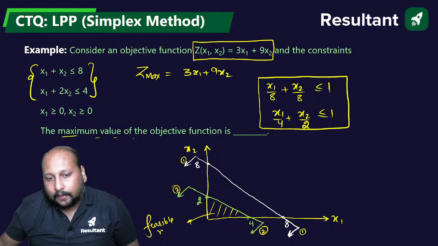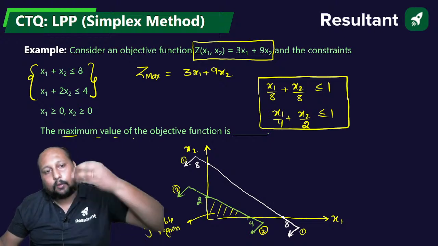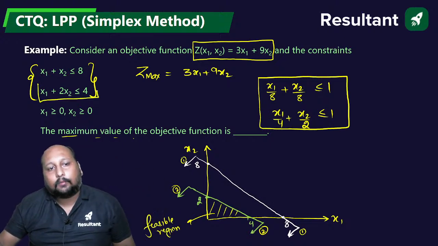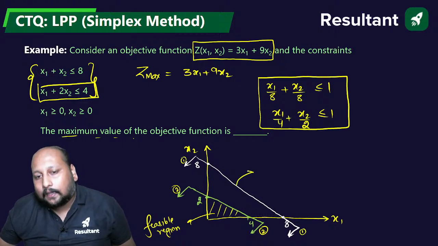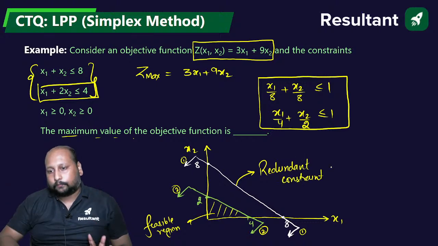And that feasible region we are able to obtain only by using constraint number 2. So I can clearly say constraint number 1 is a redundant constraint. Okay, it is redundant, which is actually of no use.